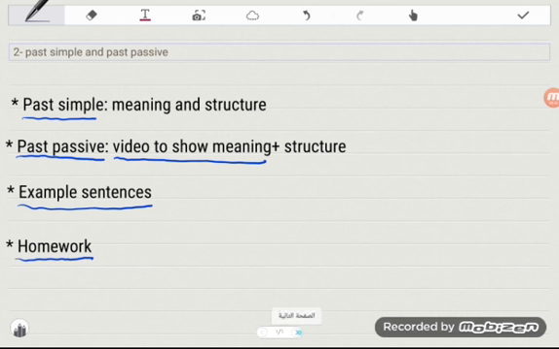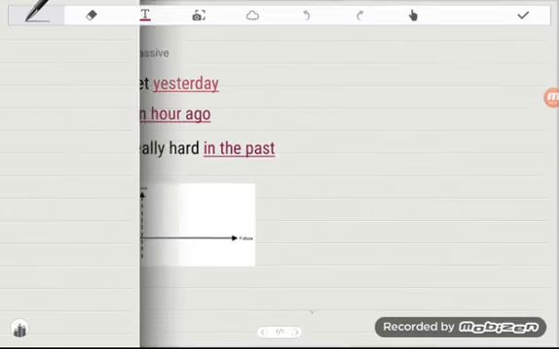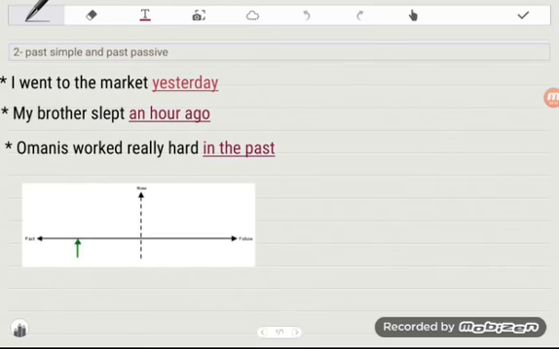Okay, let's get started with the past simple. I want you to look at these three sentences, read them, and then we'll explain them together. The first sentence: I went to the market yesterday. The second sentence: My brother slept an hour ago.